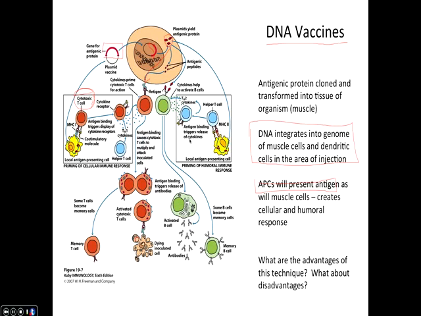So you get MHC class I and II working, and both sides of your immune response working. It works well in theory. There aren't a lot of examples of these working in practice yet, but the big advantage is you can create vaccines that are very cheap. It's just cloning.